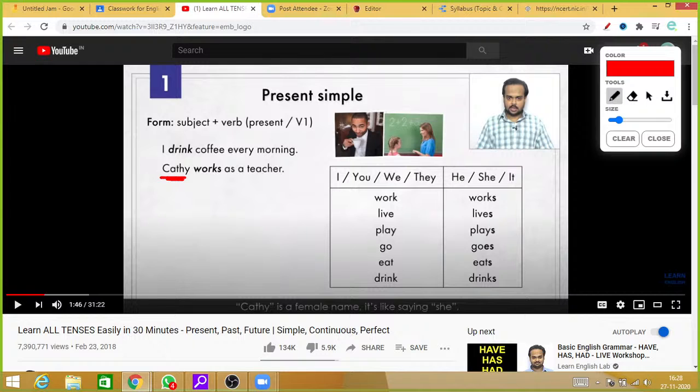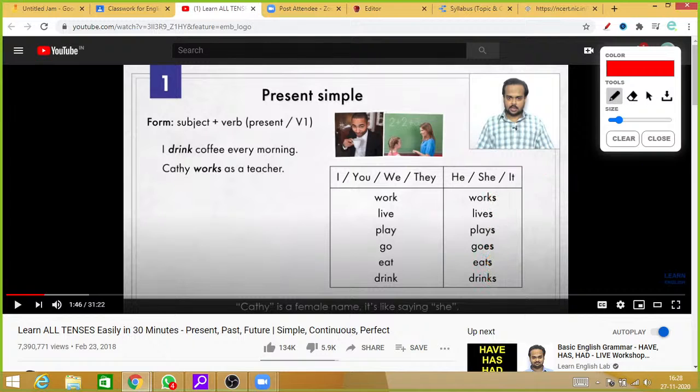So whenever we use a proper noun, Kathy is a proper noun, we use S with the base verb. Kathy works, he works, she works, it works. And I, you, we, they work.